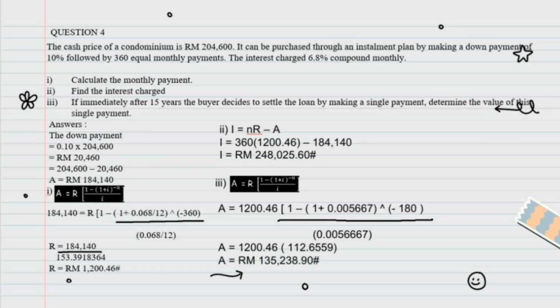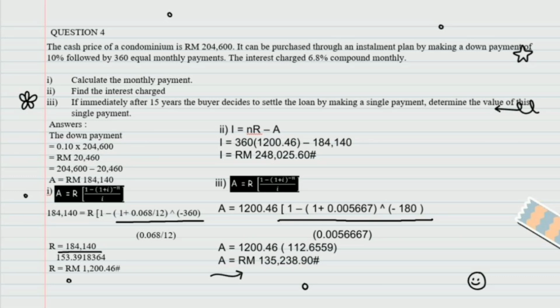You can put the amounts in: 184,140 equals R[1 minus (1 plus 0.068 divided by 12) to the power of negative 360, divided by (0.068 divided by 12)].